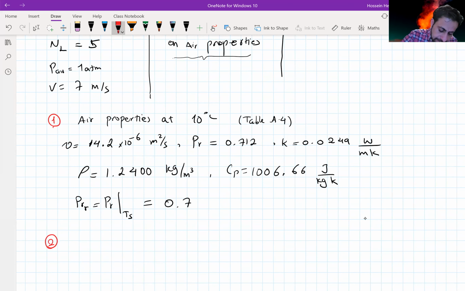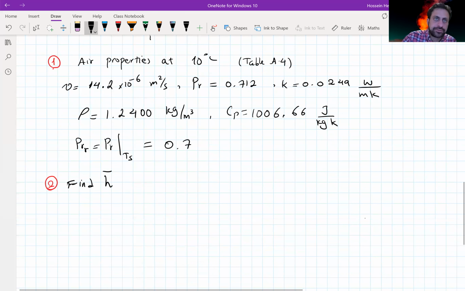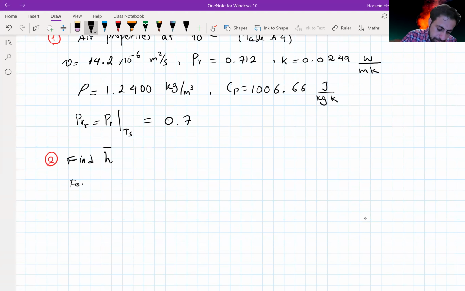Second step is finding h average. So if the number of tubes in the longitudinal direction is less than 20, then we have a correction.